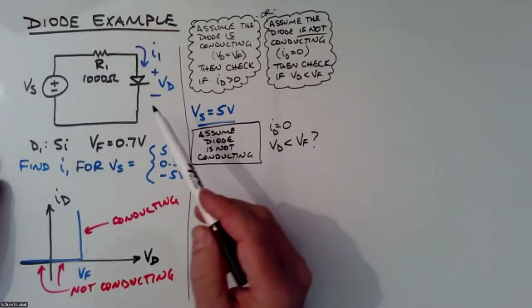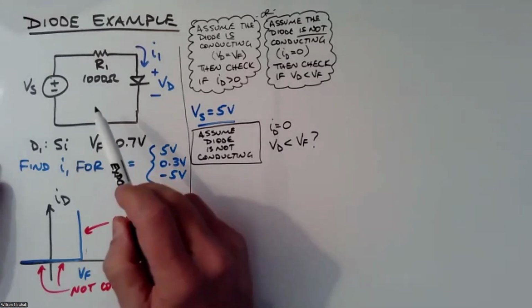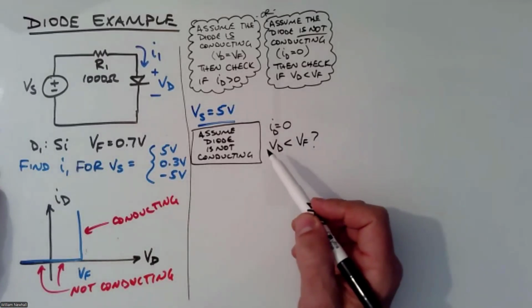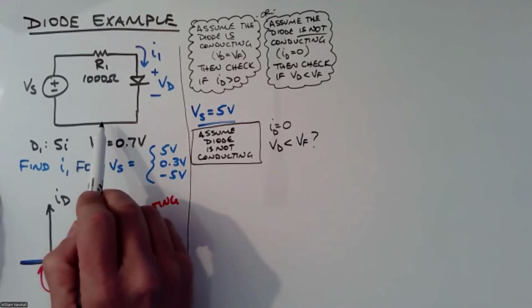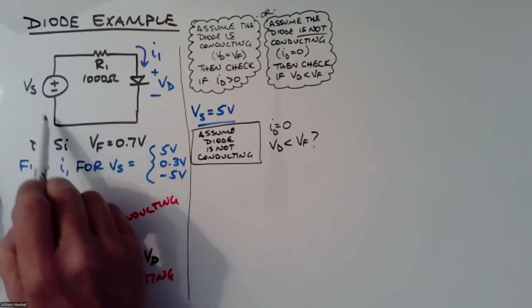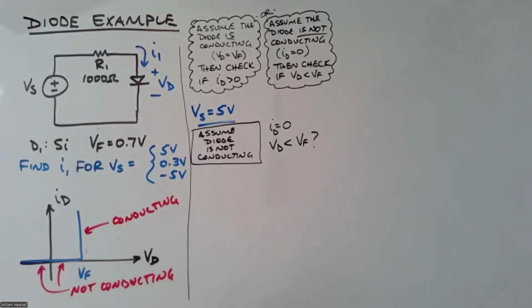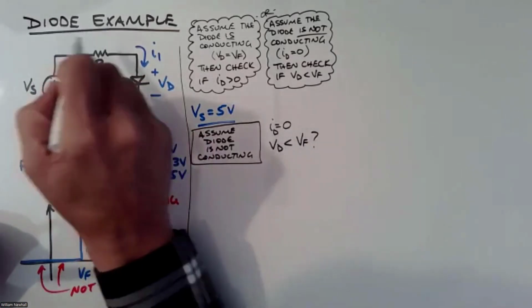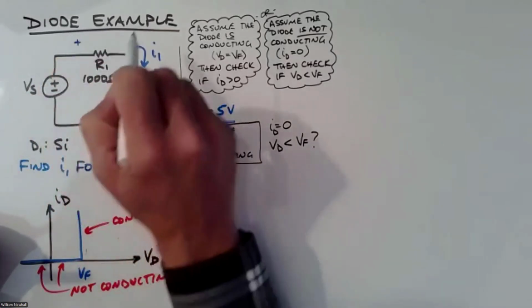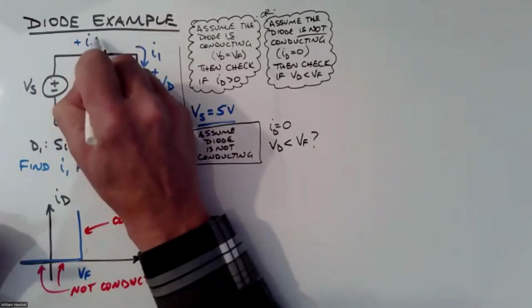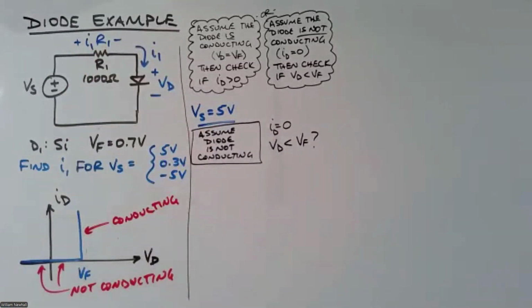Okay, so if I write a KVL equation, let's figure out what VD is based on a KVL equation. Let me start here at the bottom. I'm going to go to the left: minus Vs plus, well, what's the voltage across that resistor? The voltage with this polarity, positive on the left, would be I1 times R1.